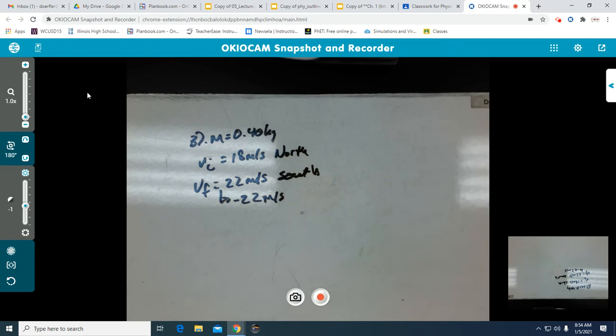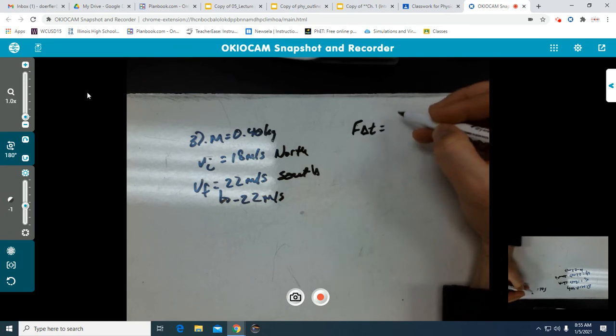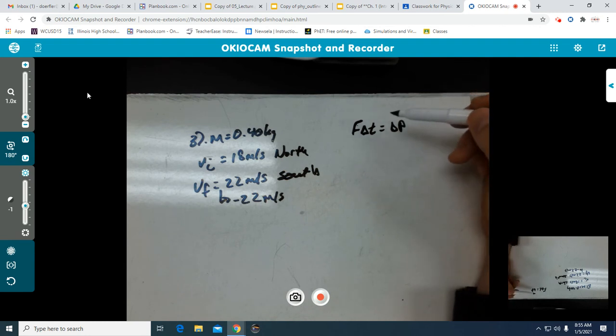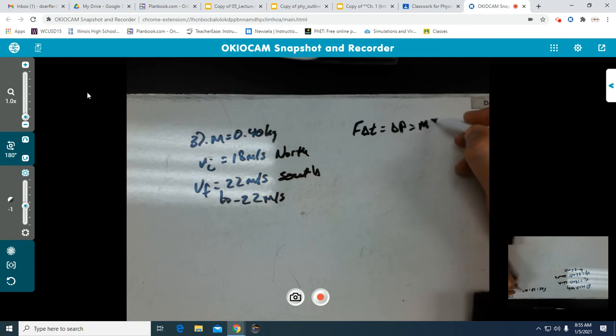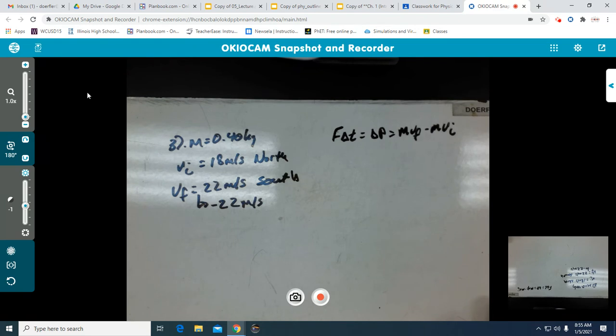So what we really need to do is this, okay? We know that F delta T is equal to delta P, okay? Impulse is equal to change in momentum. But we also know that that is also equal to mvf minus mvi, okay?